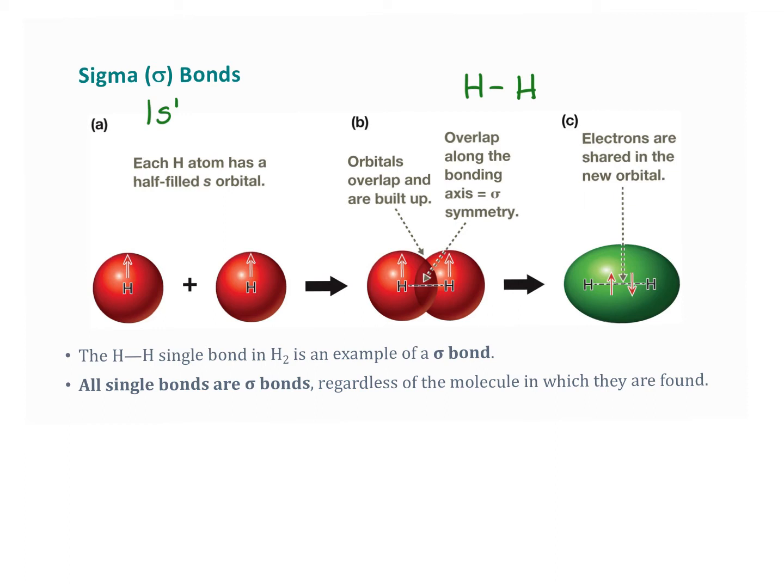Symmetry is a really important property of new orbitals that are produced by overlapping orbitals from different atoms. And the most common type of symmetry is sigma symmetry. Sigma there is a Greek letter, we're using the lowercase sigma. So we're talking about sigma symmetry here.